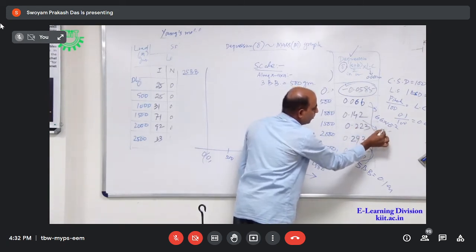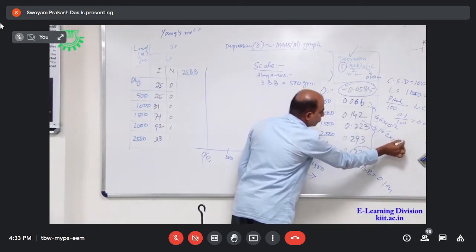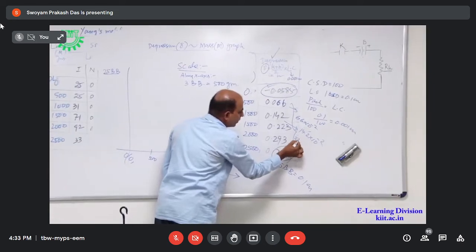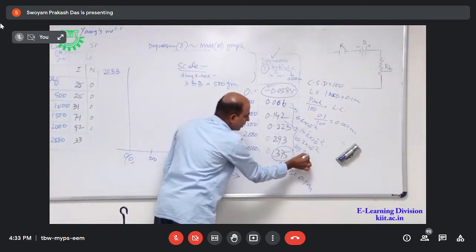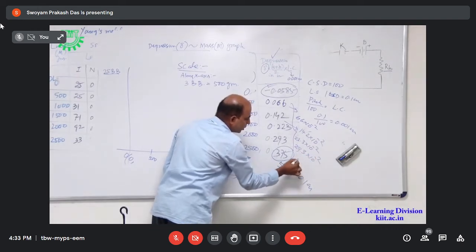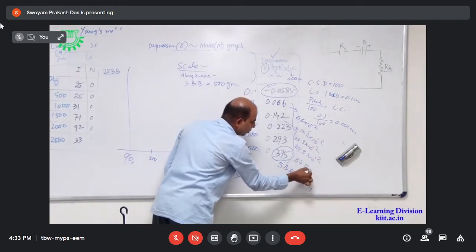This is 14.2 into 10 to the power minus 2. This is 22.3 into 10 to the power minus 2. This is 29.3 into 10 to the power minus 2. And this is 37.5 into 10 to the power minus 2.